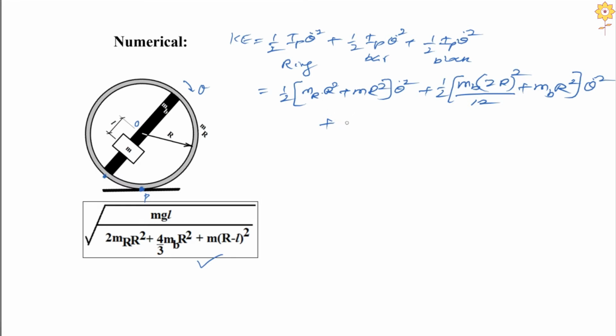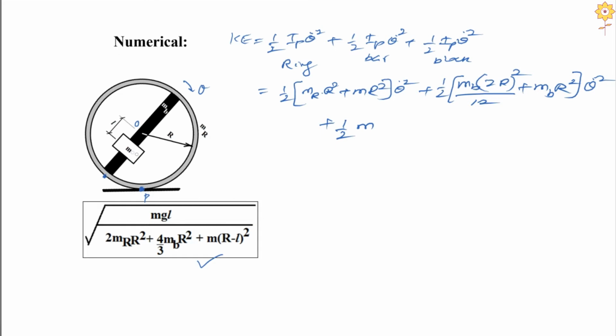So half into the mass moment of inertia of the block of mass m about point P, the new position, it should be half into mass m into the distance between the two, square of that.